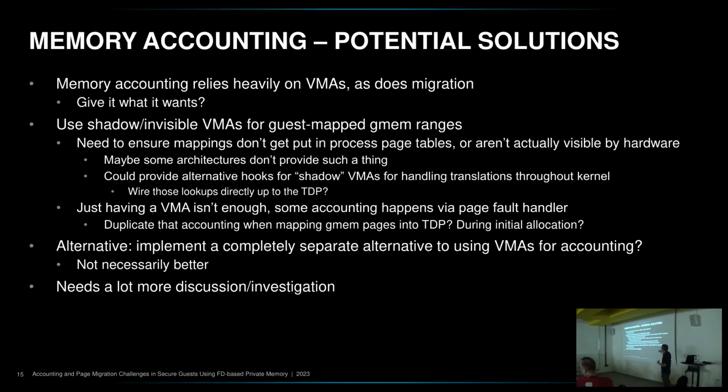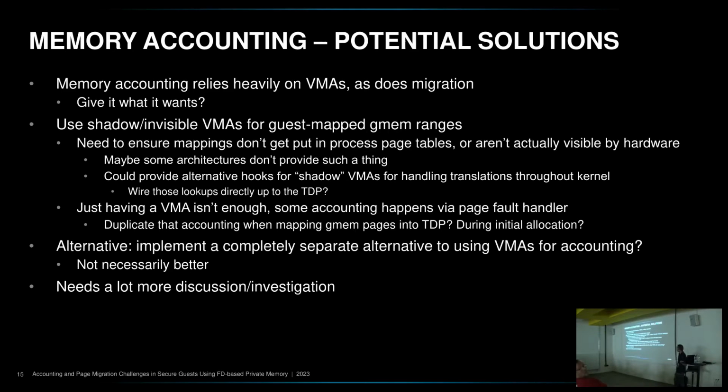And because there's no normal page fault mechanism where that accounting would normally happen, we need to duplicate that accounting somewhere in KVM when we're actually pulling pages out of that GMEM backend to back the guest memory.